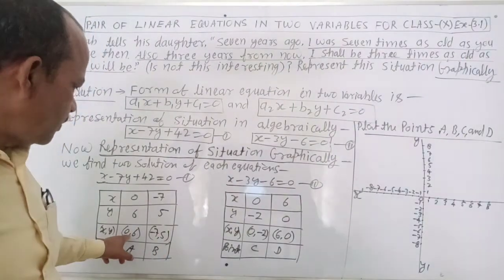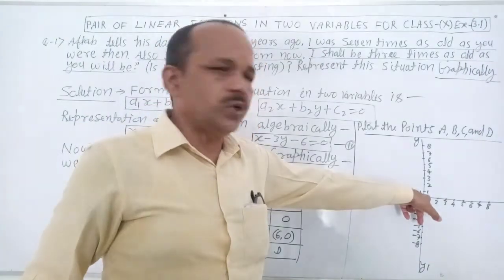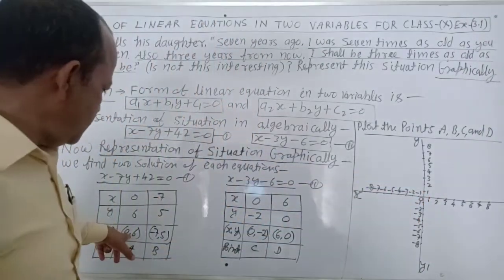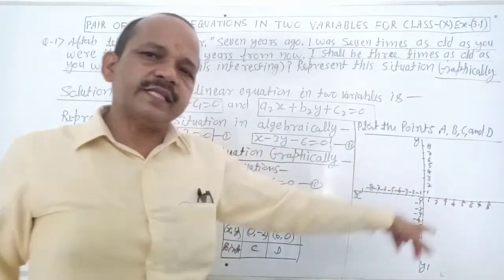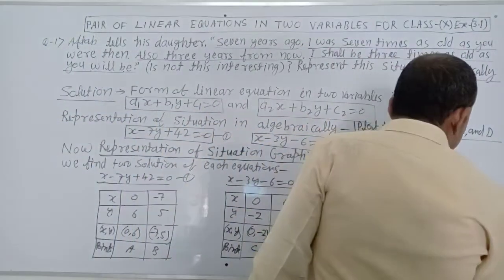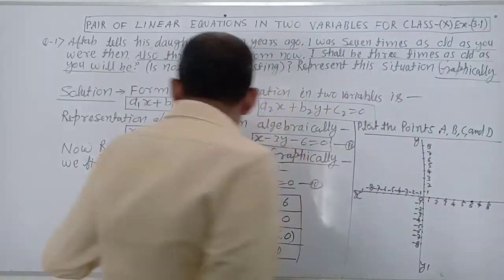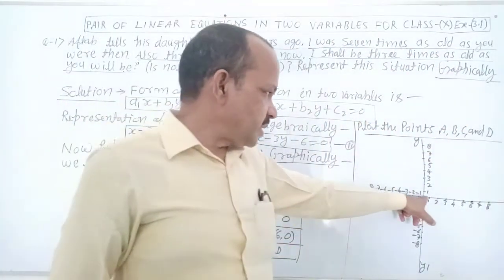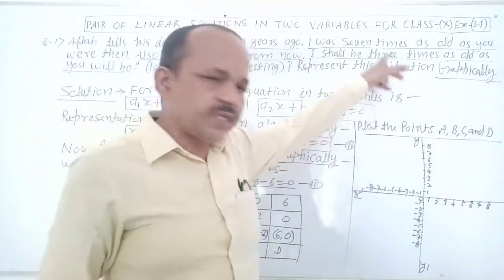Point A is 0 and 6. 0 means at origin. 6 means on the right side at x axis. Here 0 means here, 6 at y axis.